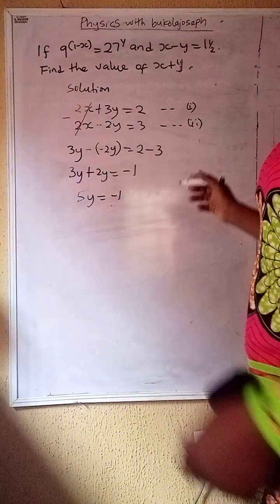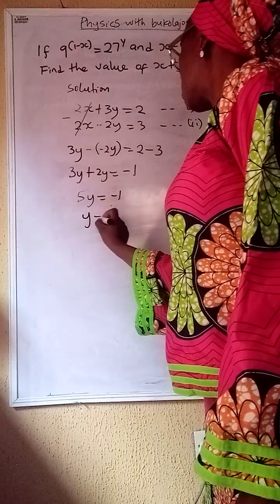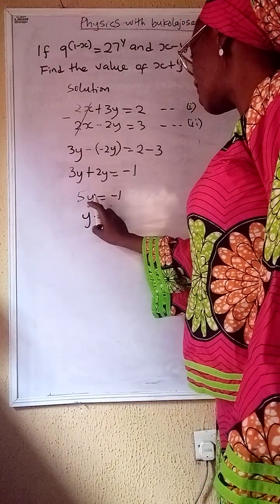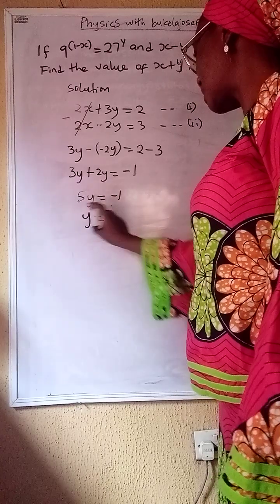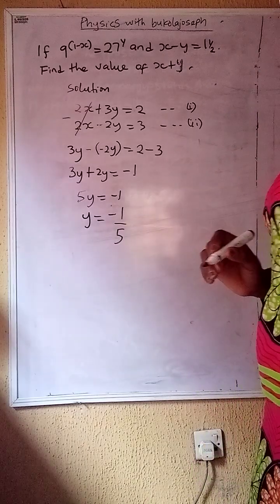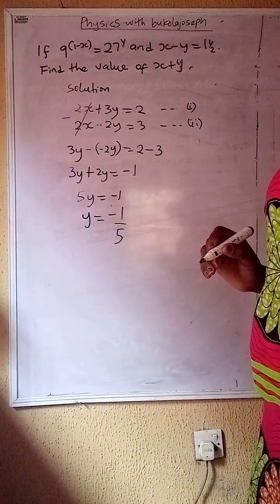And then we have our y to be equal to, that means y will be equal to minus 1. We will divide both sides by 5. We have minus 1 all over 5. Okay, so this is y. We have gotten our y to be this.